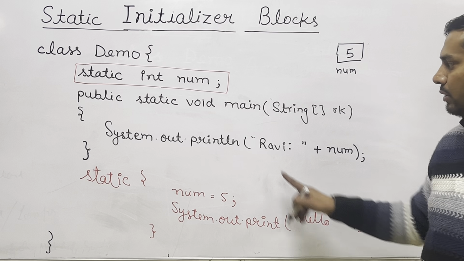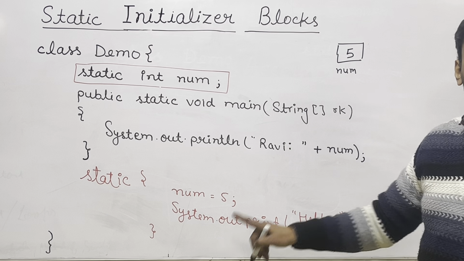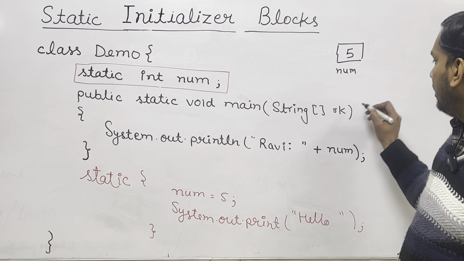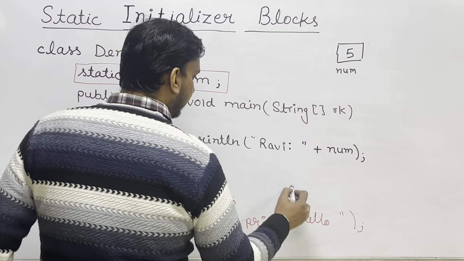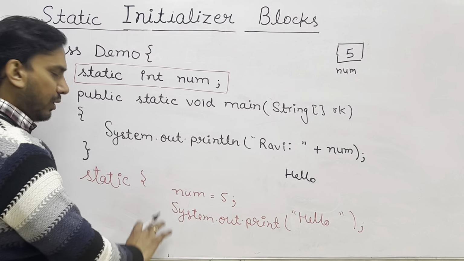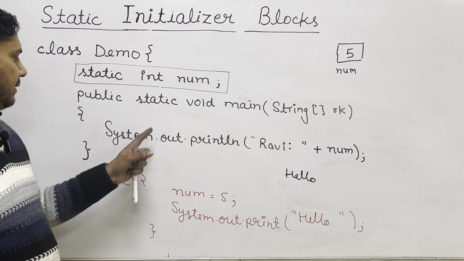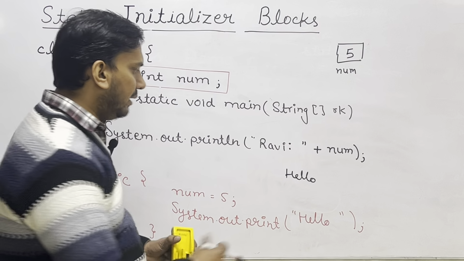We have not executed the main function, but hello is already in the output because it is written in the static block. So, it will print the output hello, and then the static block completes, then it will go to the main function. Now, the main function will be executed. It was print, so the cursor will stay on the same line.